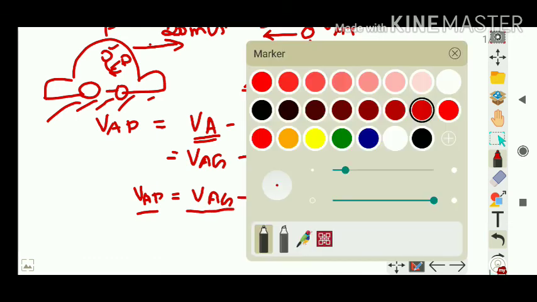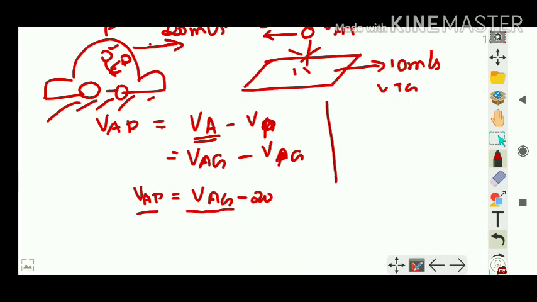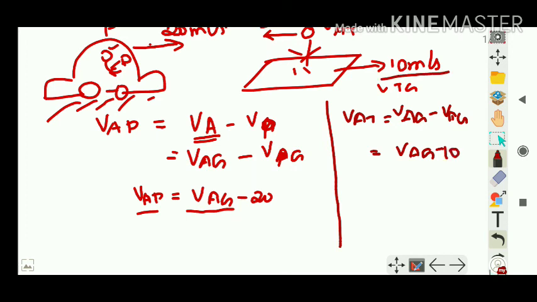Just like the previous case, how can I find VAG? VAT is equal to VAG minus VTG. Now what is VAG? I don't know the velocity of A with respect to ground. The trolley's velocity with respect to ground is 10 meter per second.